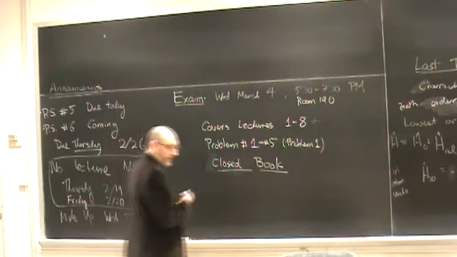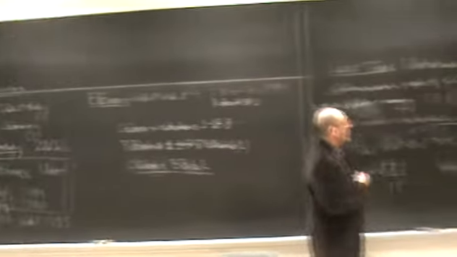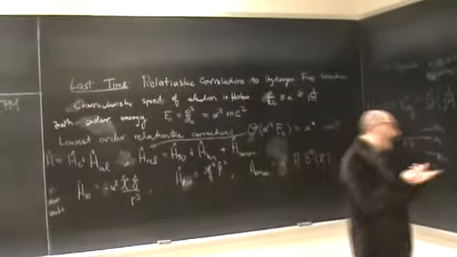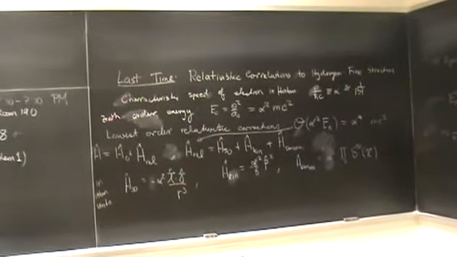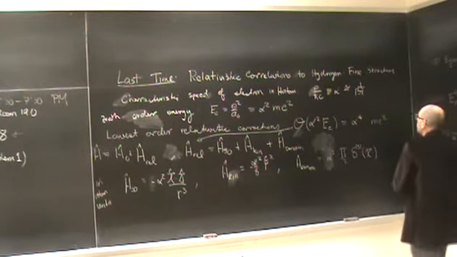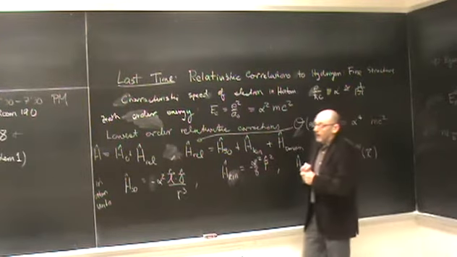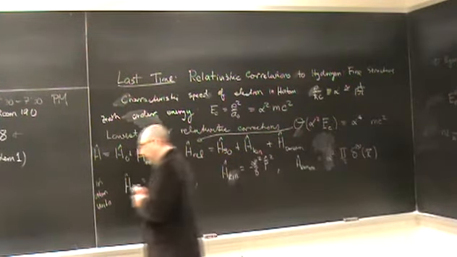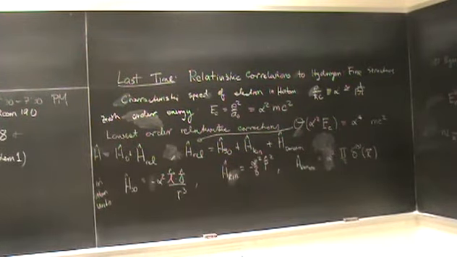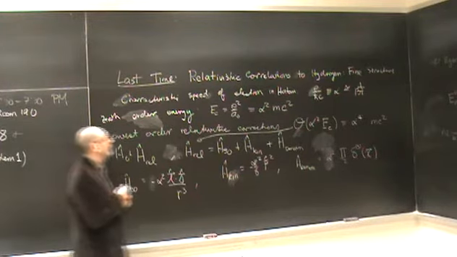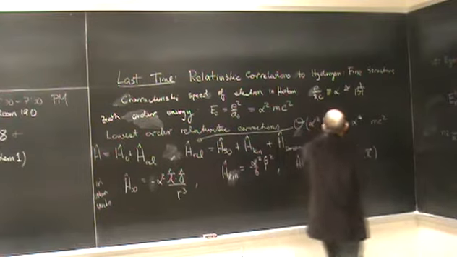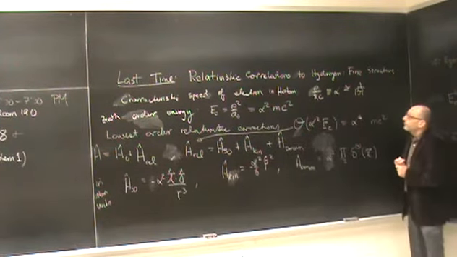So last time we were discussing an important application of perturbation theory. We were looking at corrections to the spectrum, that is, say, the stationary states of hydrogen, the energy levels, due to, in this first instance, relativistic effects to lowest order.